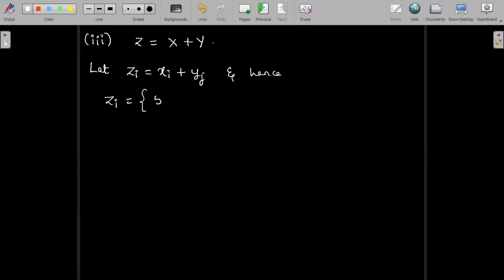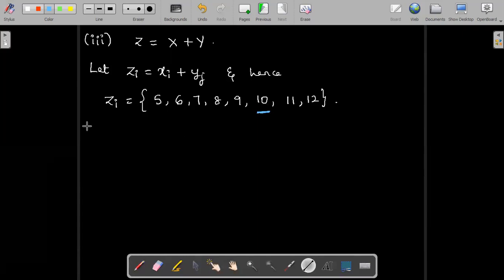Anyway, the sum is starting from 5 and is up to 12. And we have to just observe while doing the probability for z is equal to 10, the probabilities will be repeated. Except for that, we have individual values.